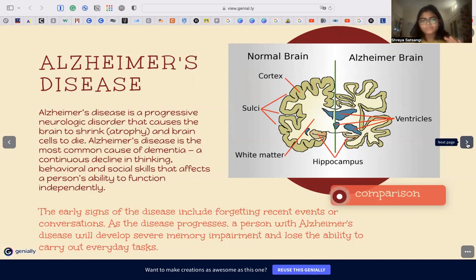We have people around us who suffer from it, and it usually occurs in older people as compared to the younger generation. The early signs include forgetting recent events and conversations, and a person with Alzheimer's disease will develop severe memory impairment and loss of the ability to carry out everyday tasks.